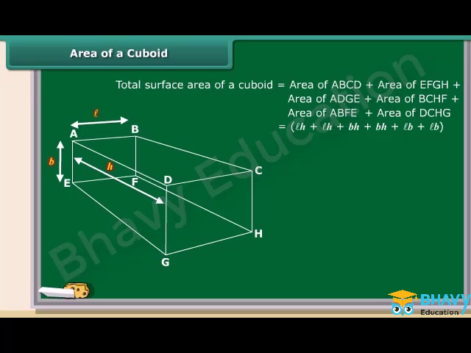Therefore, the total surface area of a cuboid is equal to 2 into lb plus bh plus hl.